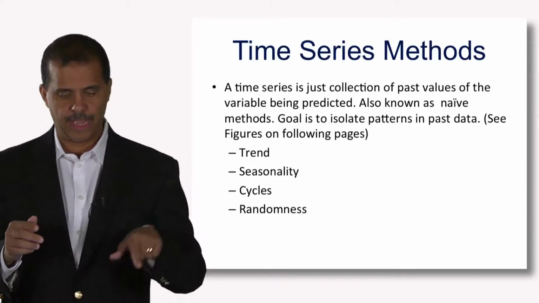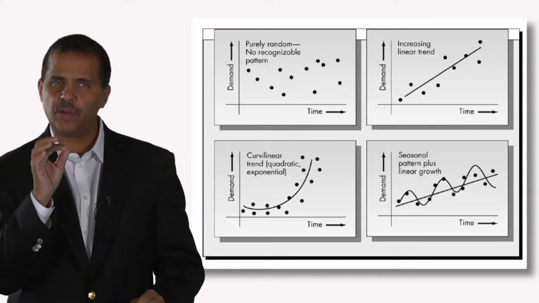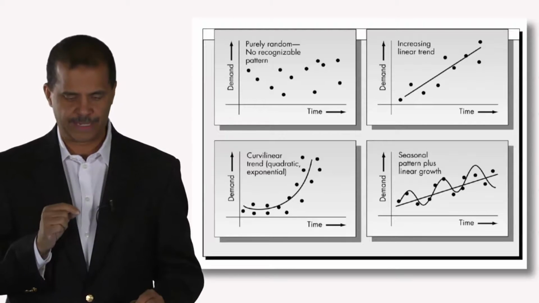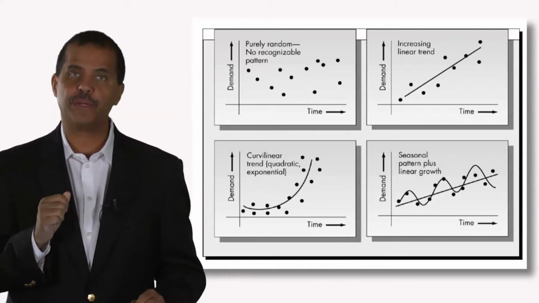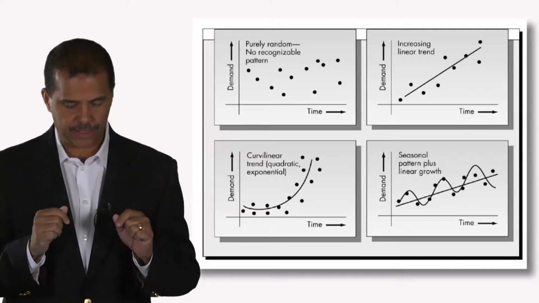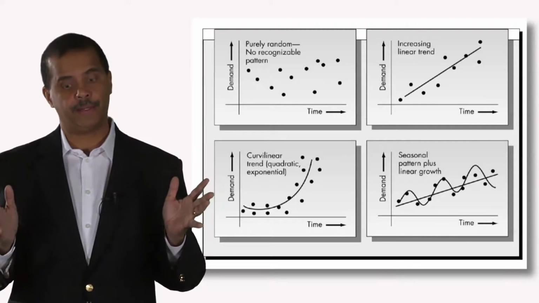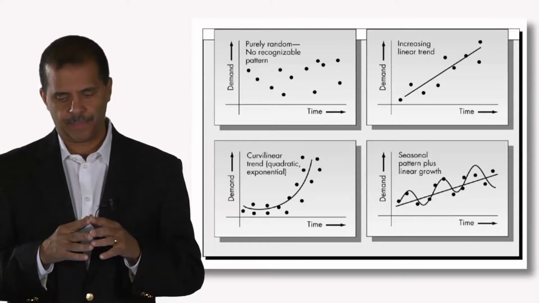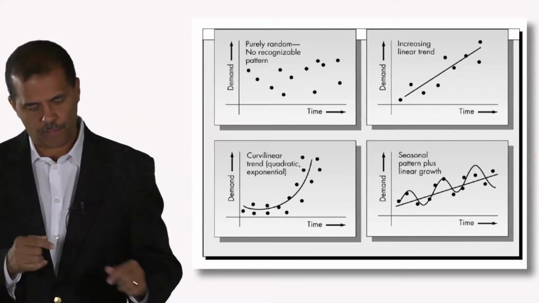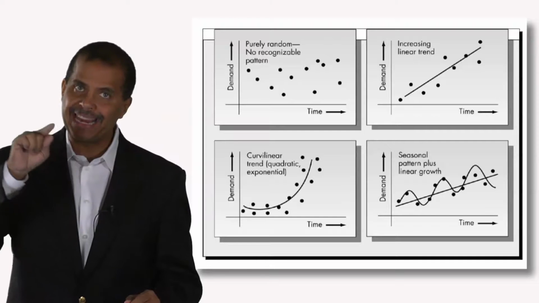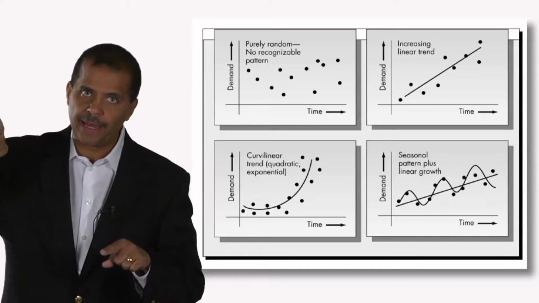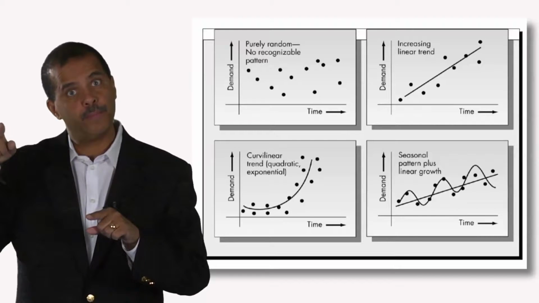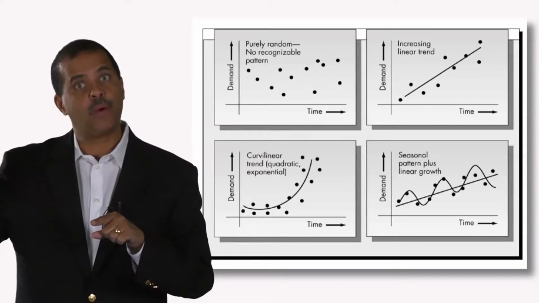These are the basic types of series that you will see. Now I want to look at four different patterns or relationships. The first one, in the upper quadrant, is purely random, so there's no recognizable pattern. Flip over and you see a linear trend, the straight line, where as one variable moves, the other moves in a corresponding way.